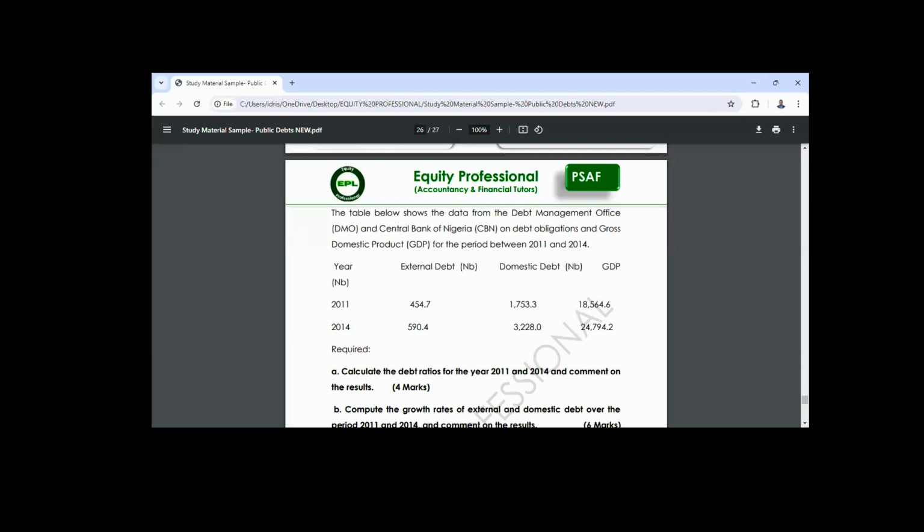But the question is asking us for total debt ratio, which means total debt all over GDP. What will be our total debt? External debt plus internal debt is our total debt for each year, all over the GDP, the gross domestic product.